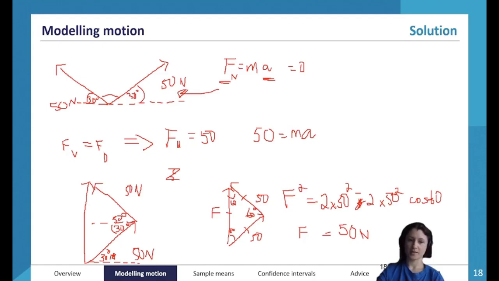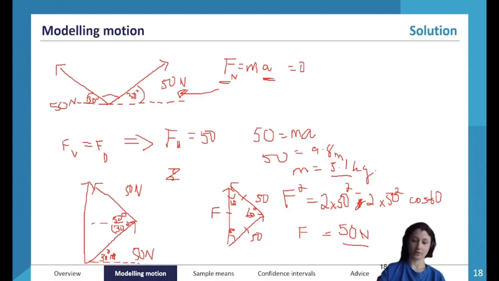We know that the acceleration acting downwards is 9.8. So this tells us, acceleration due to gravity is 9.8. This tells us that the mass of the picture is 5.1 kilograms. If it asked you for the weight, the weight of the picture would be 50 newtons, but the mass is 5.1 kilograms. Alright?